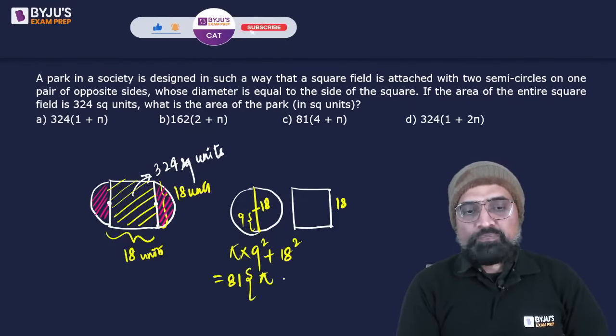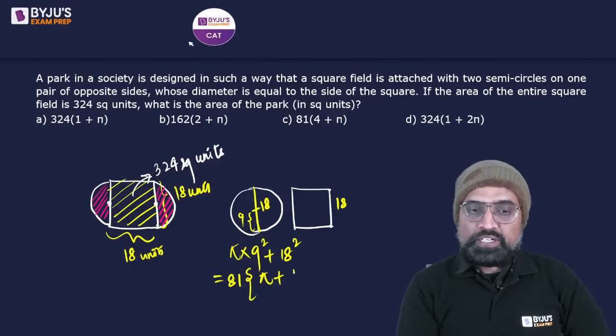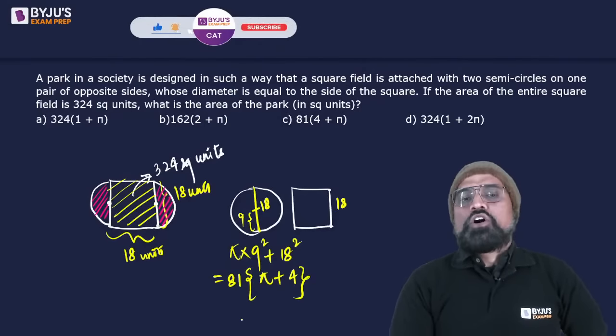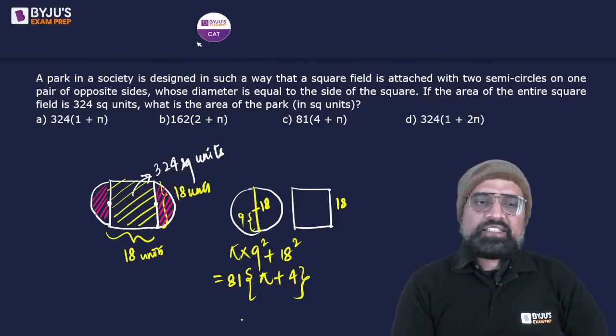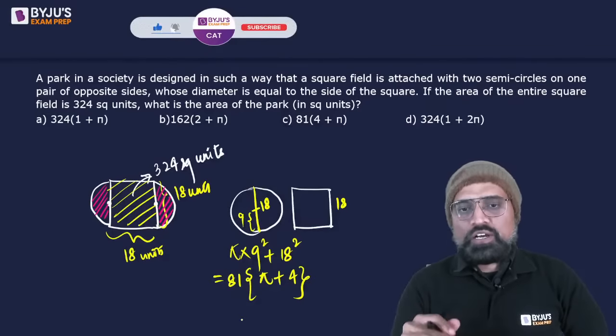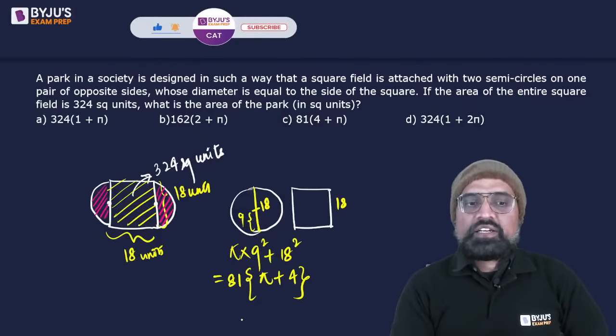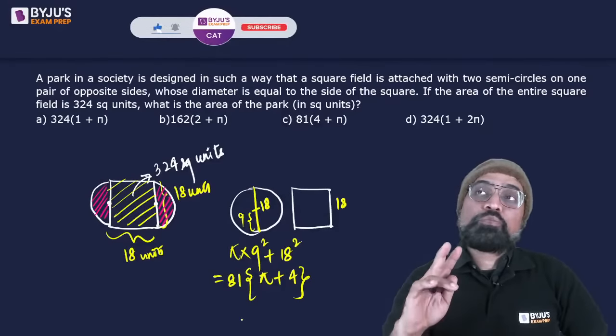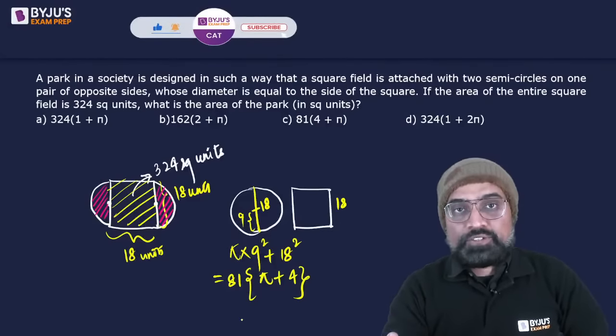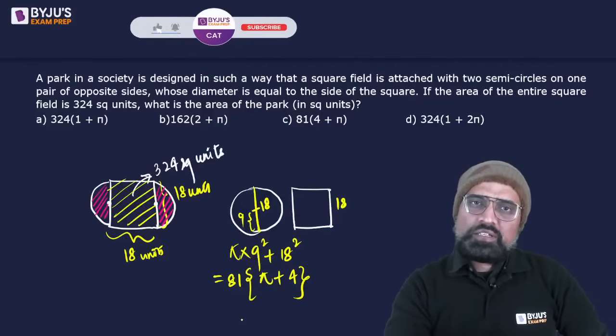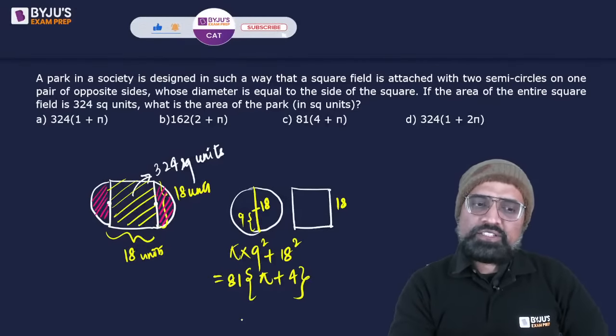And you'll be left with pi plus 2 into 2, that is 4, right? Or you can straight away understand that it will be at least 324, then you will have more than that. Definitely not more than 324 extra. 324 plus a value a little less than 324.